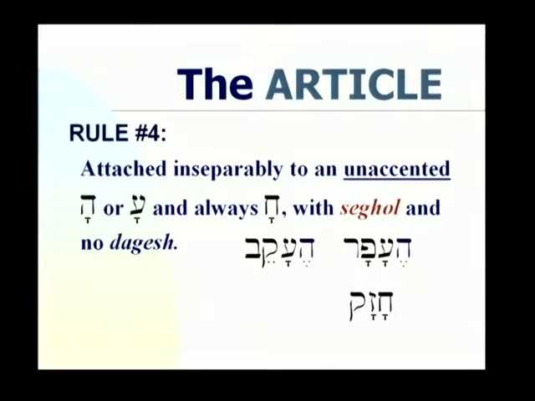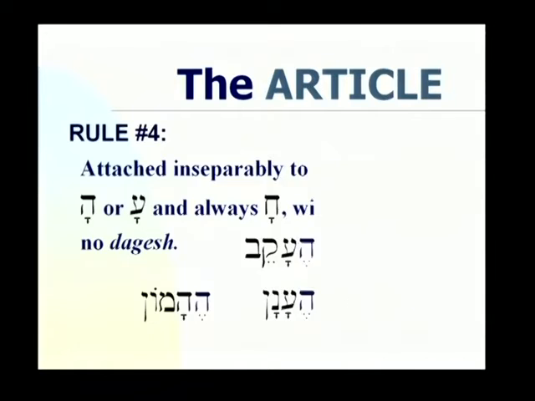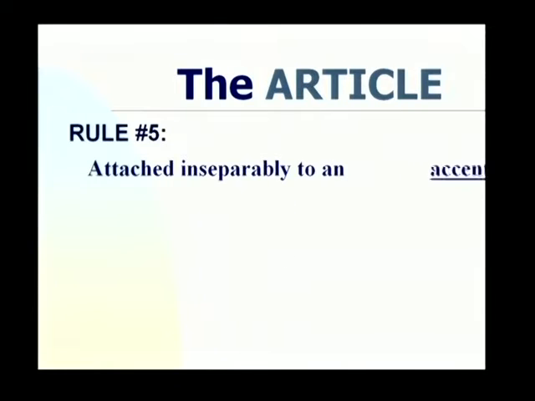Chazak, which means strength, becomes he-chazak, meaning the strength. Anan becomes he-anan, meaning the cloud. Hamon, that means multitude, becomes he-hamon, meaning the multitude. Rule number 5.